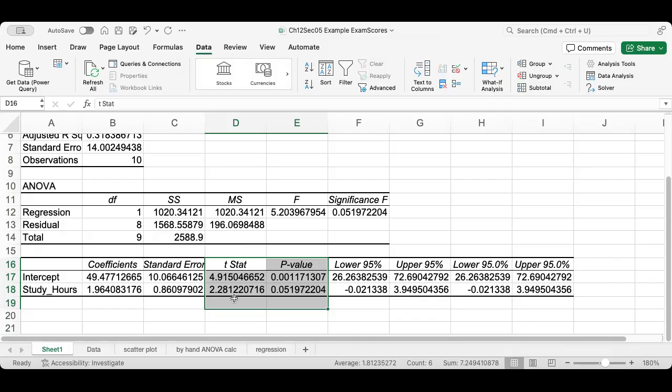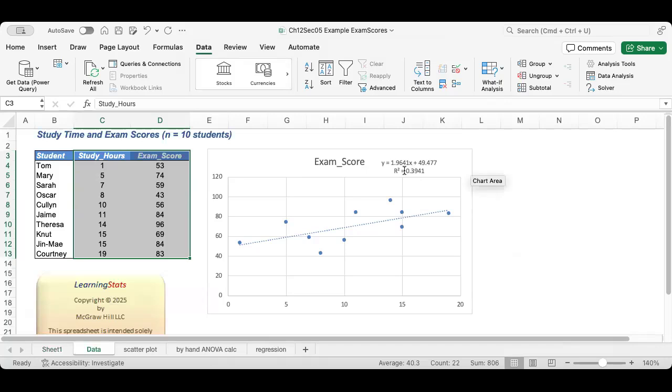On the other hand, study hours. That was our X value, right? That means that the number here is the coefficient for the X value, the 1.96. And if I go back and I look at my scatter plot, 1.96, that's the number next to the X. Good.